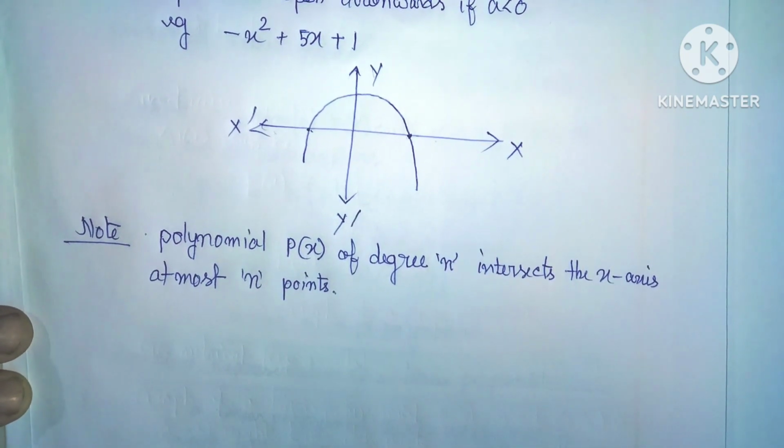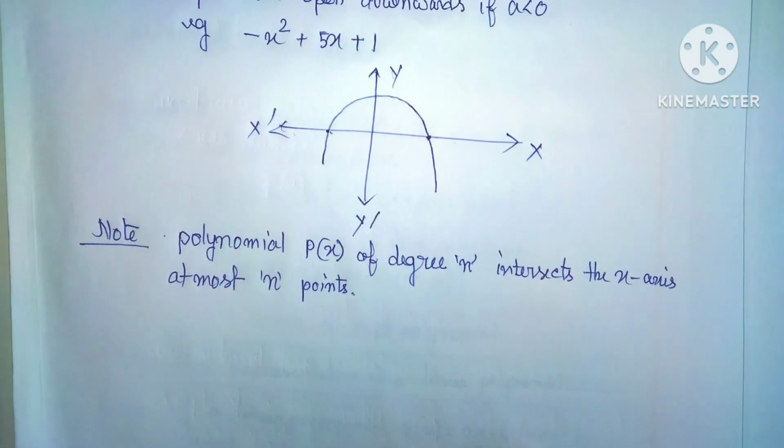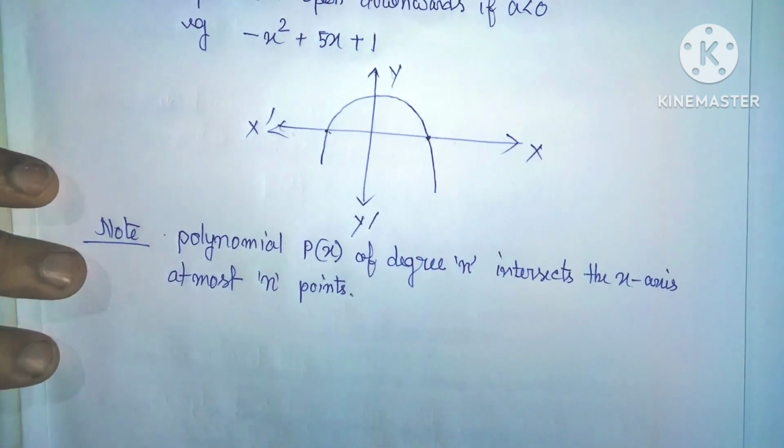That means the number of zeros is at most equal to the degree. Suppose an n degree polynomial has at most n zeros, and a quadratic has 2 zeros.